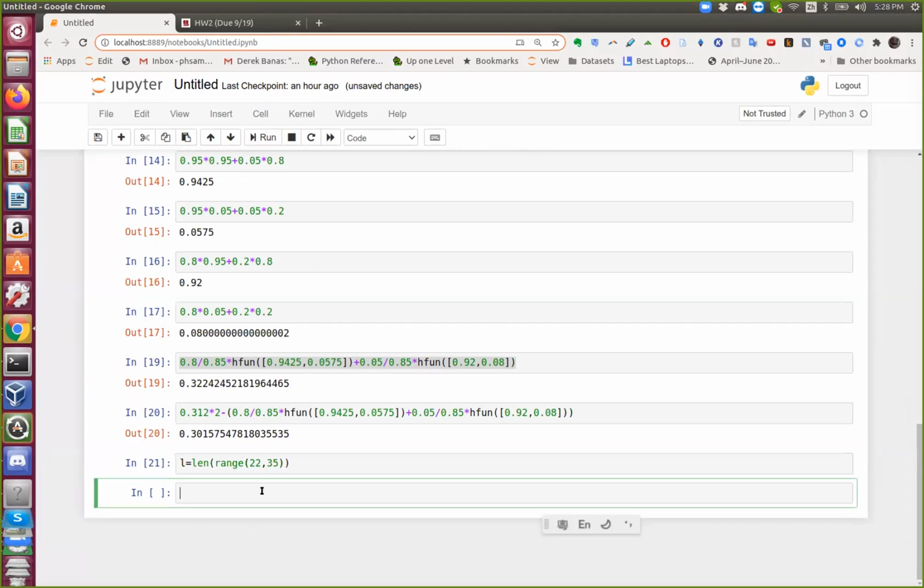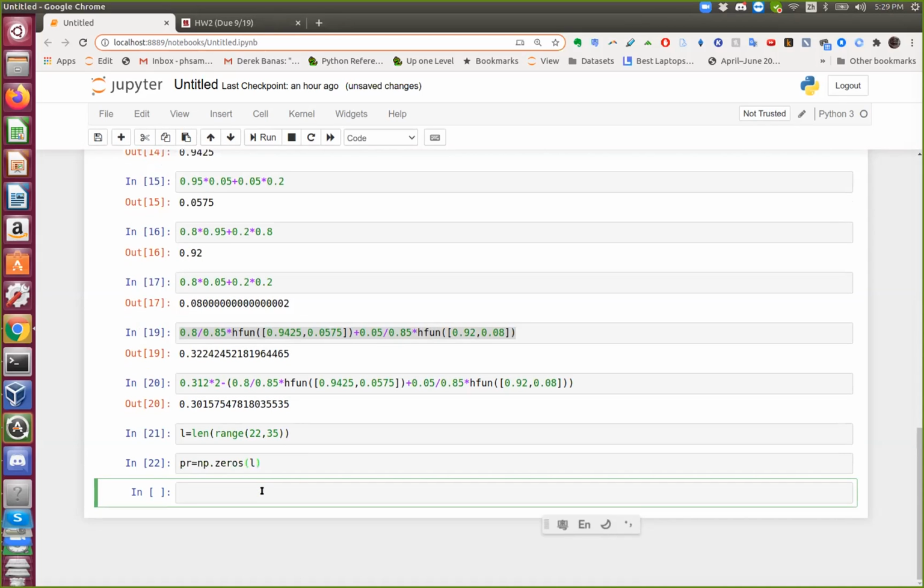So I just make a vector. I call the probability of rainy, the sunny vector, the rainy vector. Oh, yes, thank you.